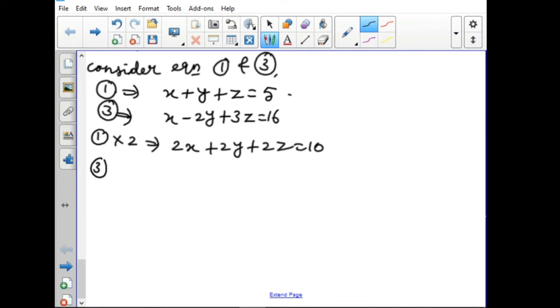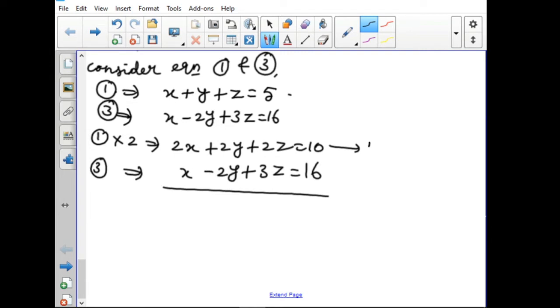Next, equation 3 we write as it is: x minus 2y plus 3z equal to 16. Now the y term has the same coefficient in magnitude, so we can eliminate it easily. Here also we add to get the new equation. You have to give it equation number 5, since we already got up to 4.